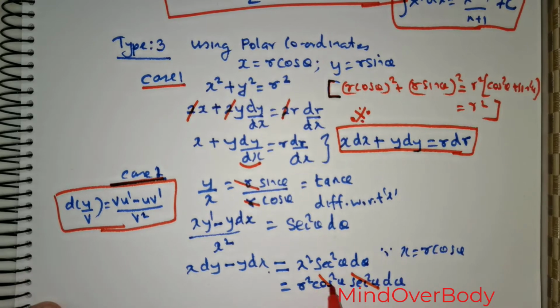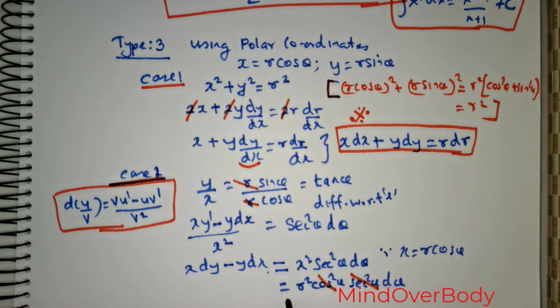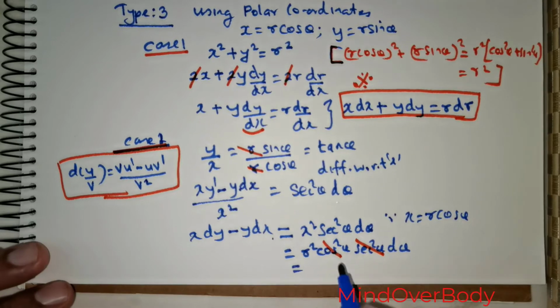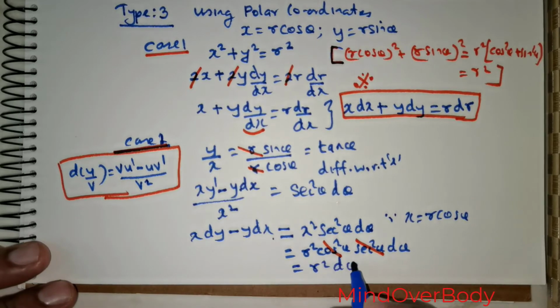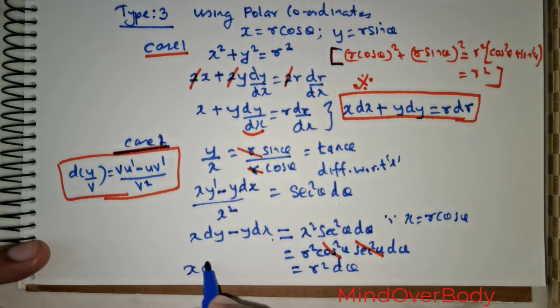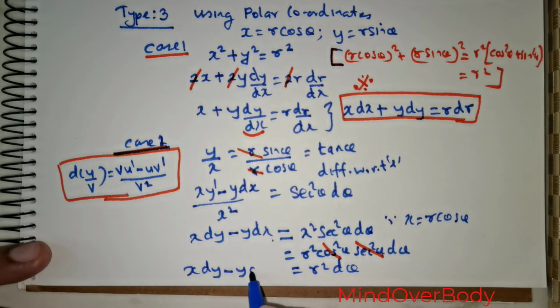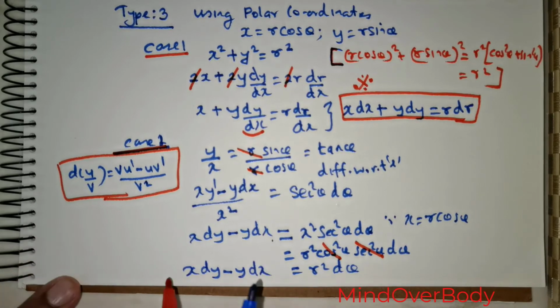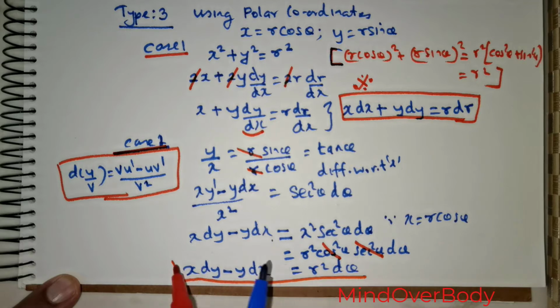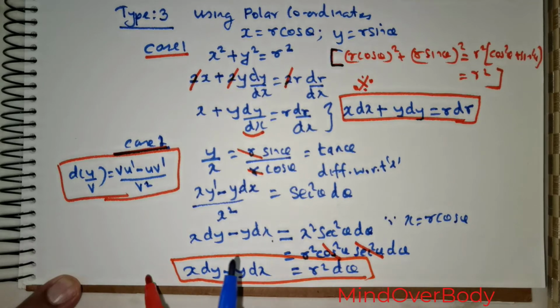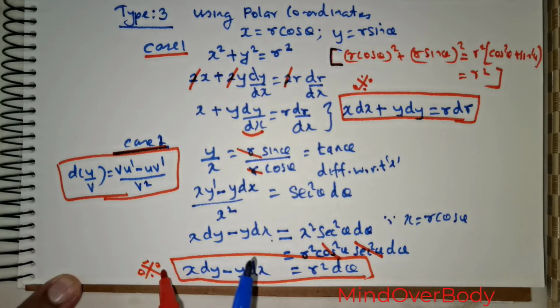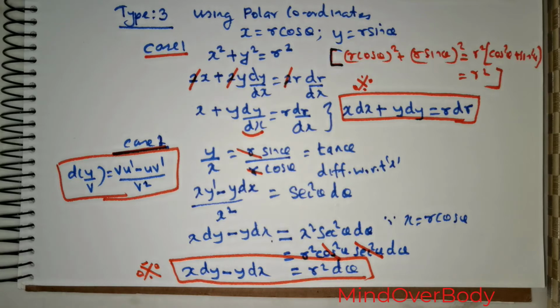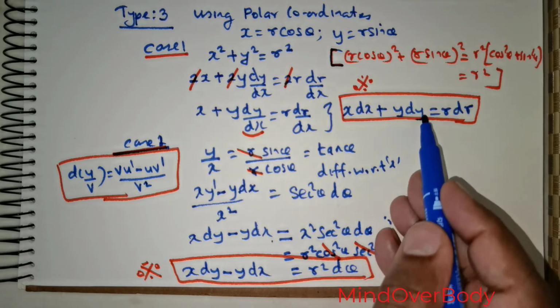Now secant squared theta and cos squared theta can be cancelled, giving me r squared times d theta. On the left hand side is going to be x times dy minus y times dx. So this is another important result which we will be using for our work. So using polar coordinates we have achieved two results.